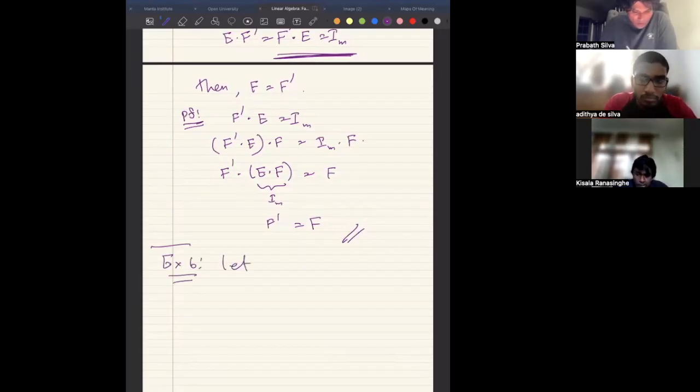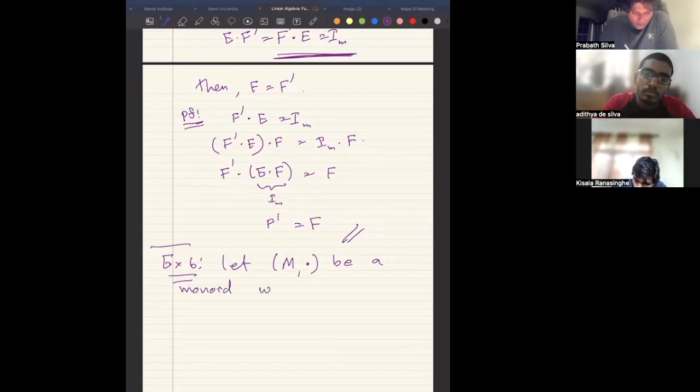Let M be a monoid with identity. Monoids have identity, it's associative. Okay.